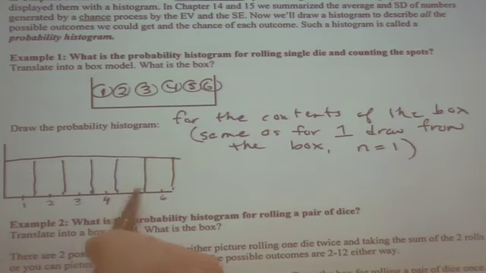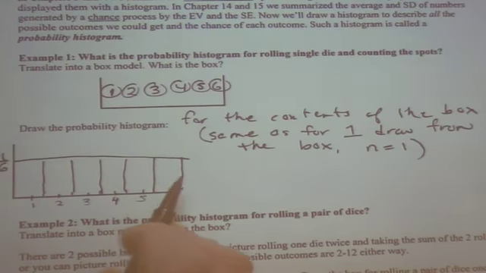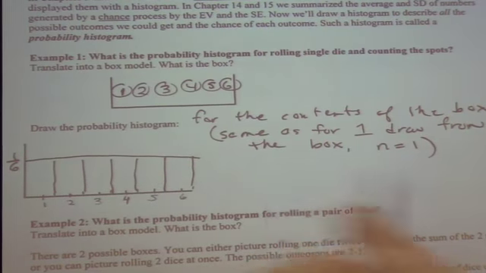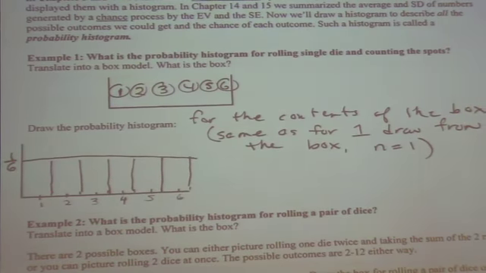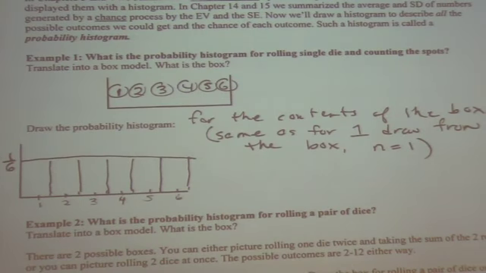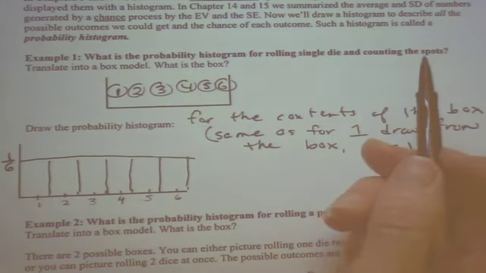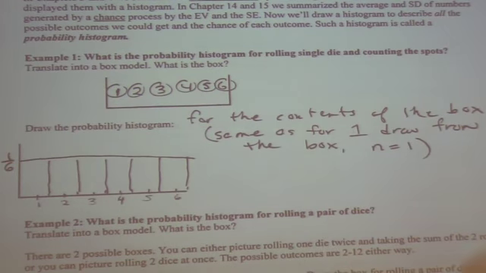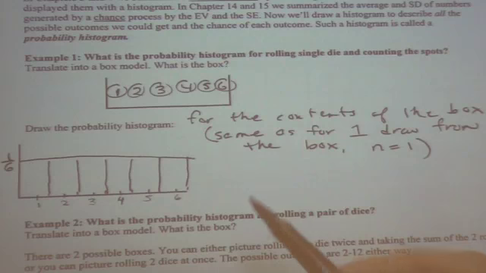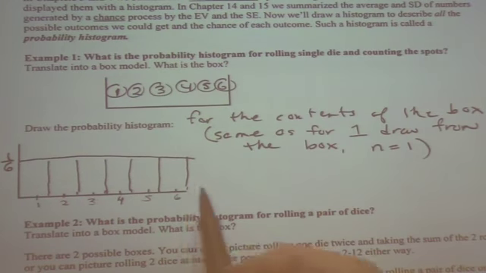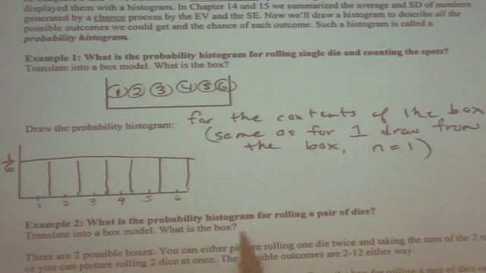Because remember, in all histograms, the sum of the area has to equal 1 or 100%. And that's the same for a probability histogram as it was when we just represented lists of numbers, not numbers that were generated by a chance process, but just lists of numbers with a histogram.